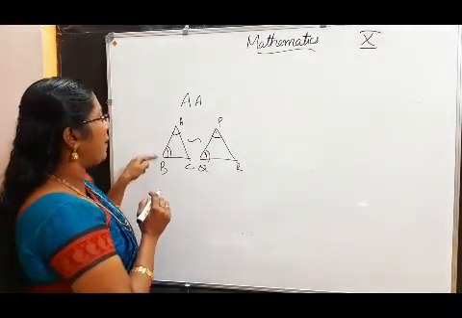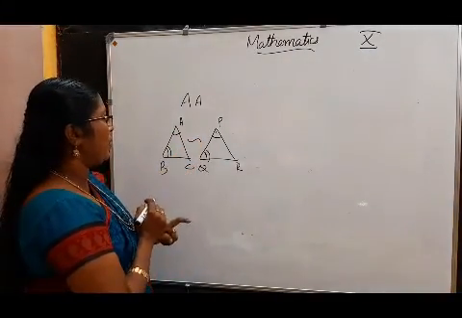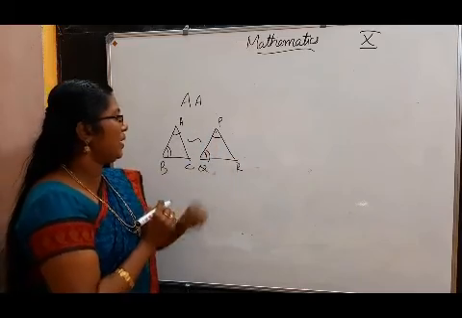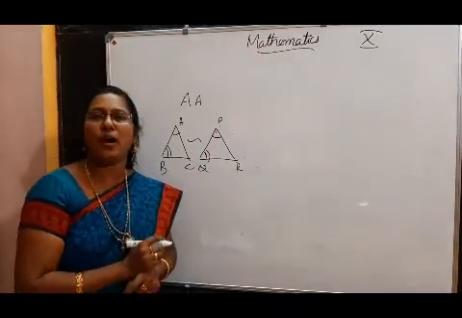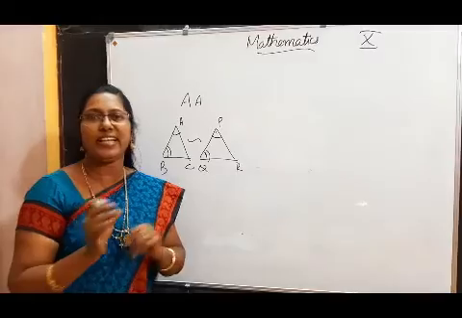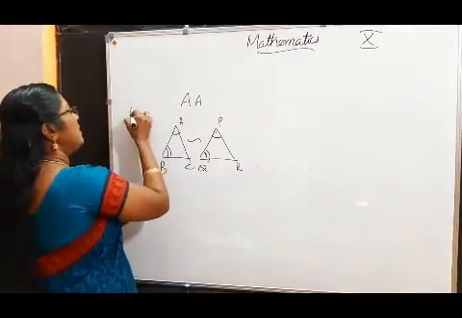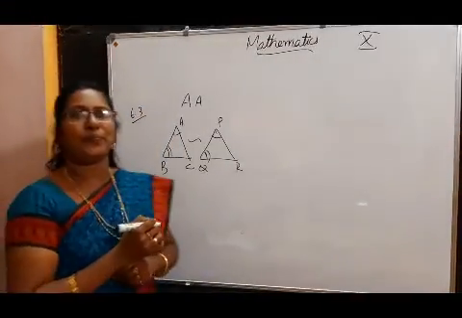That means AB by PQ equals AC by PR equals BC by QR. That is the AA similarity criterion. This is theorem 6.3.